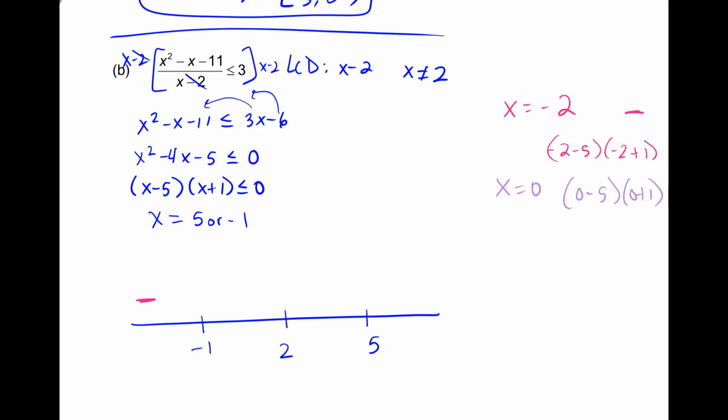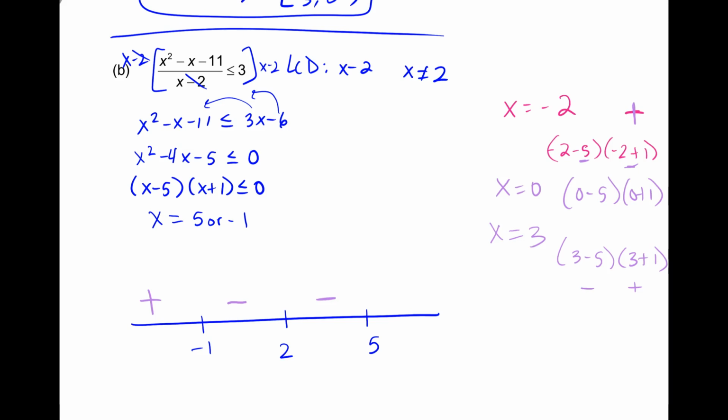Plug in 0 should be negative. I'm sorry, this is negative, so it should be positive. And x equals 3. Okay, 3 minus 5, 3 plus 1. Once again, this is going to be negative.